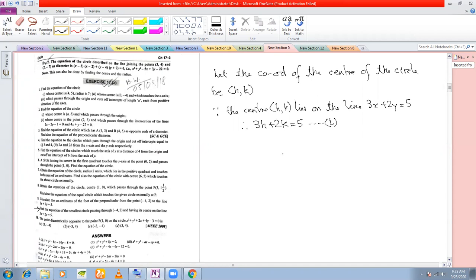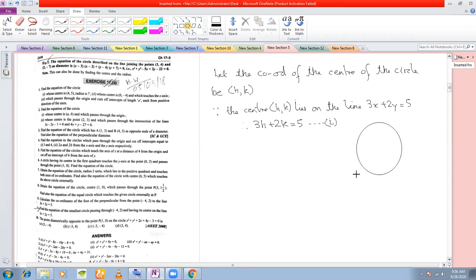The next condition is that the circle passes through (-4, 2). Now what does this mean? That the circle passes through (-4, 2).